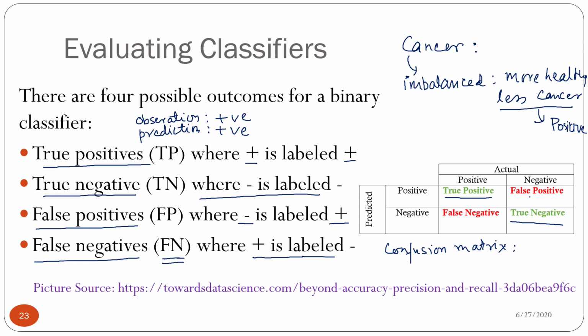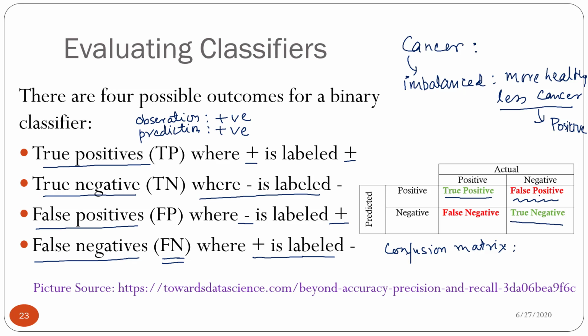What is false positive? Look at the actual information. In reality, these samples were negative, but what happened? By mistake, the classifier is predicting them as positive, right? So its prediction is positive, but in actual these are negative.